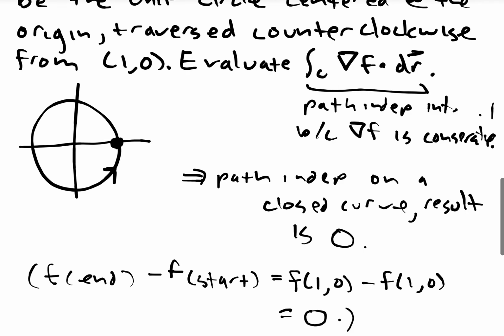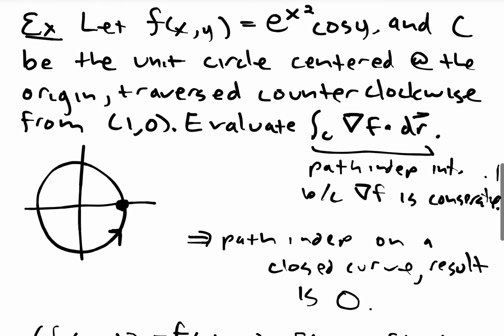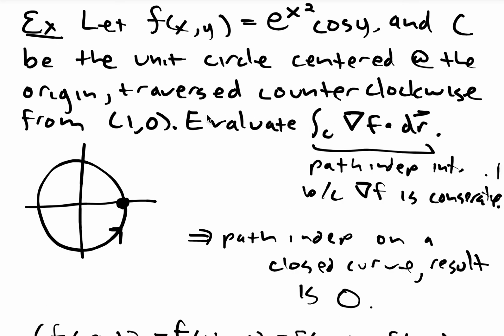We can save ourselves even writing out the fundamental theorem of line integrals. We can definitely save ourselves writing out a parameterization for this curve and worrying about getting it facing the right direction, having it be the right radius, and all of that. If it's path independent, save yourself the work. We're going to get something that comes out to 0 on a closed curve.